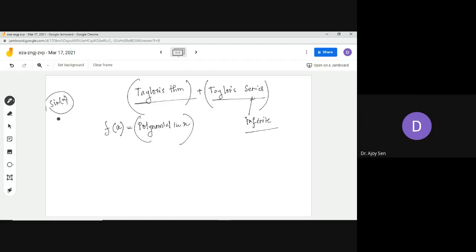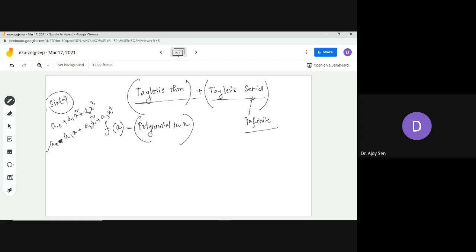Which kind of functions are called polynomials? If you remember, this is a third order polynomial. In general form, actually I have missed one term. So this will be a0 plus a1 x plus a2 x square plus a3 x cube.